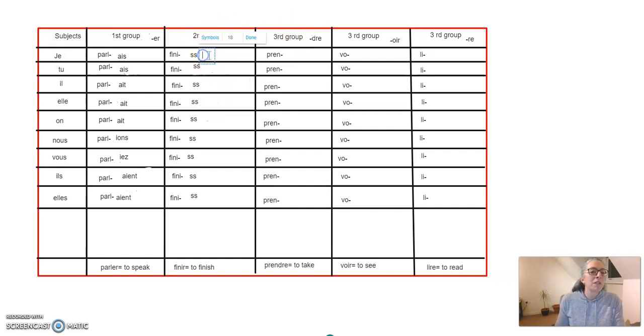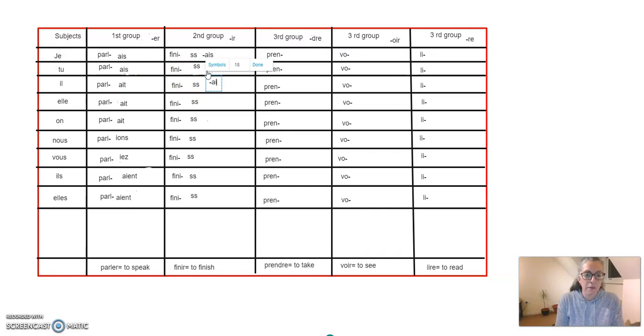And then once you've added the double S, you can add the endings of the imparfait, which is now getting more and more simple for you, because we've already seen it a couple of times.